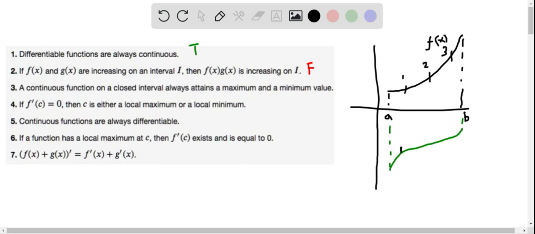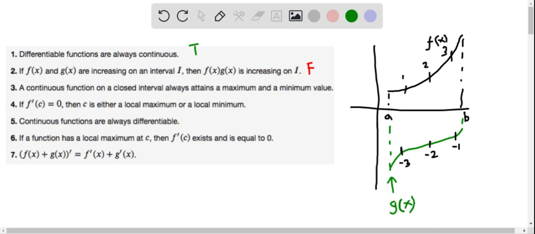And here we will put, let's say this is negative 3, and this is negative 2, and this is negative 1. So as you can see clearly, this function f of x is increasing in the interval a comma b, as well as this is the function g of x, and this is also increasing in the same interval a comma b.